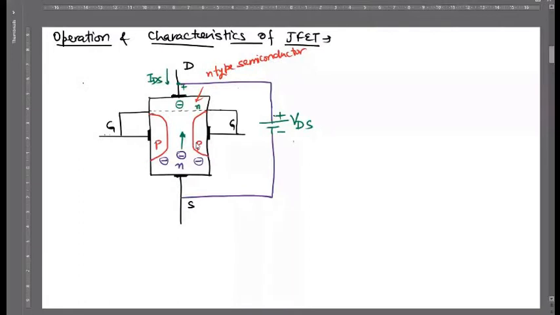So this is a junction we have created here. This is also a junction we have created here. So what will happen if reverse bias voltage is applied here? Then at the junction region, one depletion region is created.